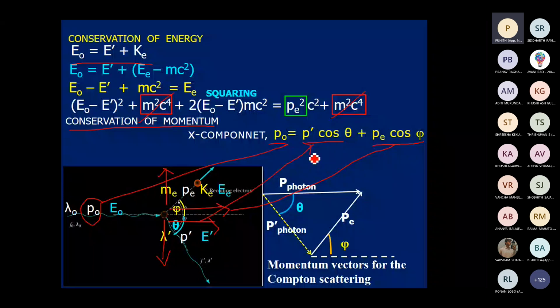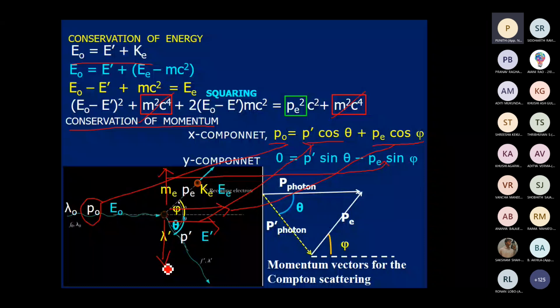Now coming to the y component. The y component across is 0, you know that the photon is coming in the x direction, so the y component is 0 here, and this component is PE, the momentum of the electron. So this is PE sin phi, and this component is P dash sin theta.